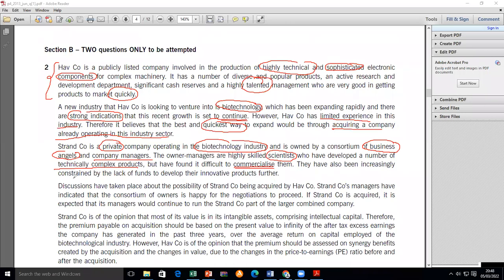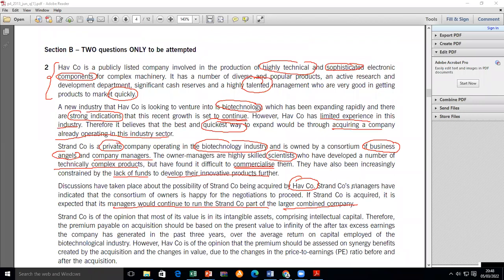They have also been increasingly constrained by lack of funds to develop their innovative products further. Discussions have taken place about the possibility of S company being acquired by H. S company's managers have indicated that the consortium of owners is happy for the negotiations to proceed. If S company is acquired, it is expected that its managers would continue to run S company as part of the larger combined company.